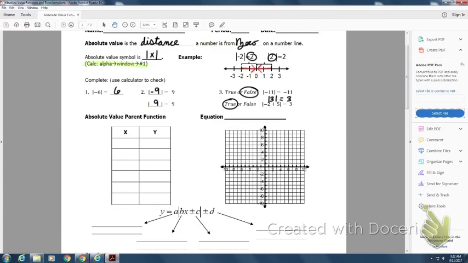Let's talk about the parent function. You saw this on the day where we talked about all of the parent functions. Just y equals the absolute value of x. Okay, to do these, let's do these x values, -2, and then go up by 1.